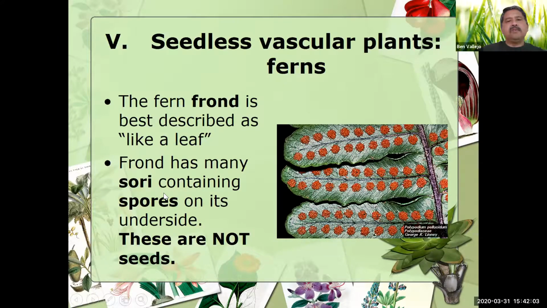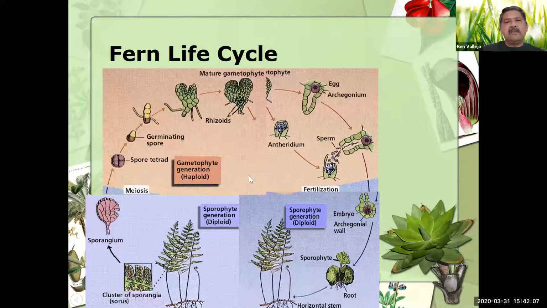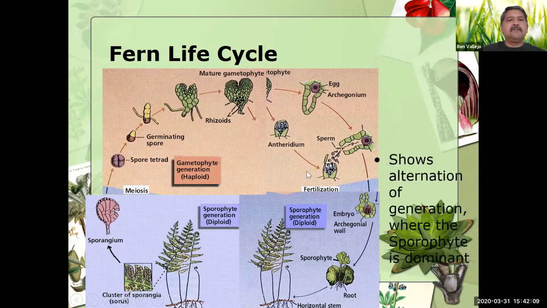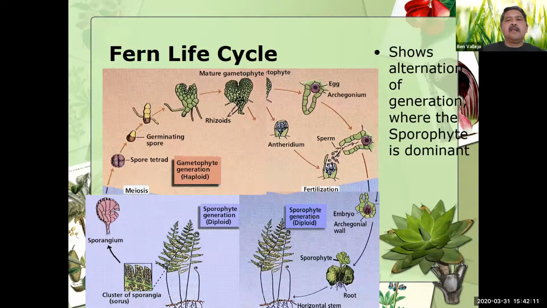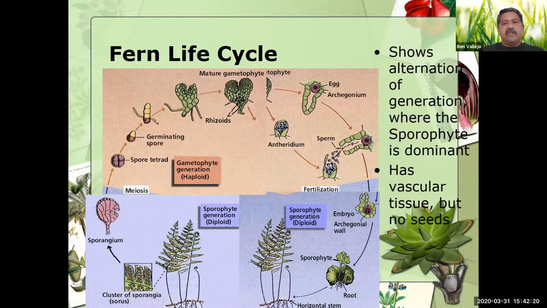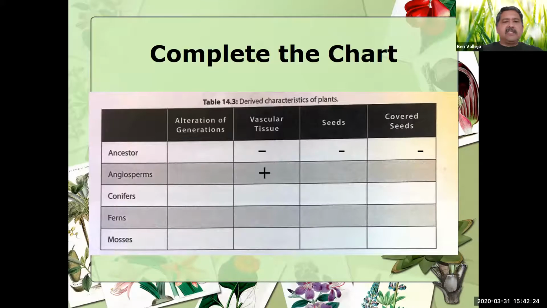They have spores. So those spores are on the thori. Here's a graphic we've already seen. And this shows the alternation of generation where the sporophyte is the dominant form. So they do have alternation of generation in ferns. And they do have vascular tissue, but they don't have any seeds.